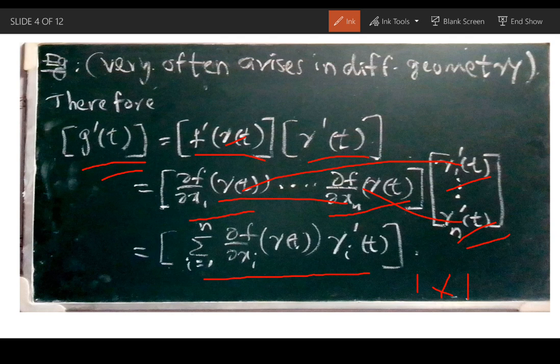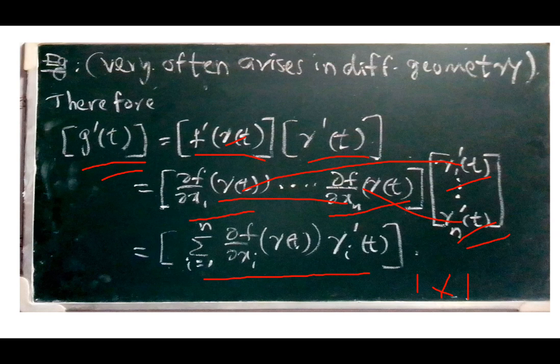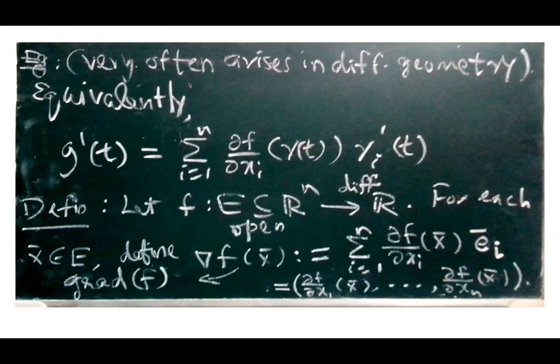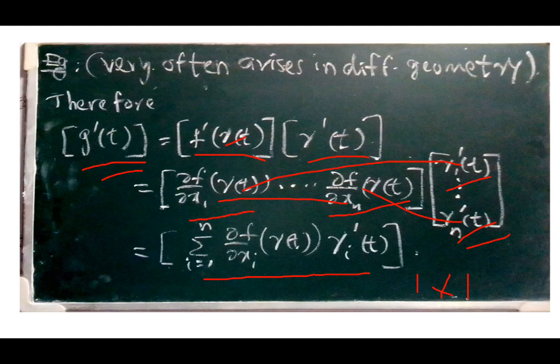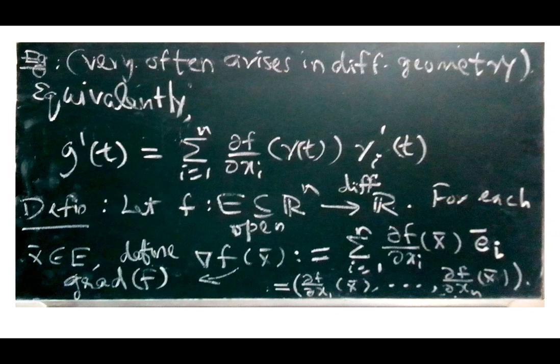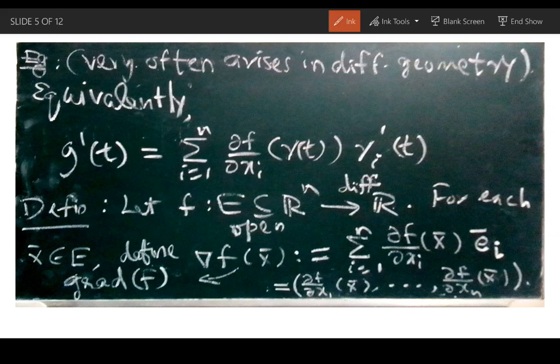But 1 by 1 matrices correspond to real numbers. So equivalently, you have g dash of t is equal to sigma i equal to 1 to n dou f by dou xi at the point gamma of t into gamma i dash of t.